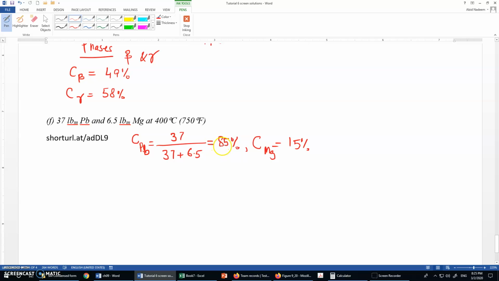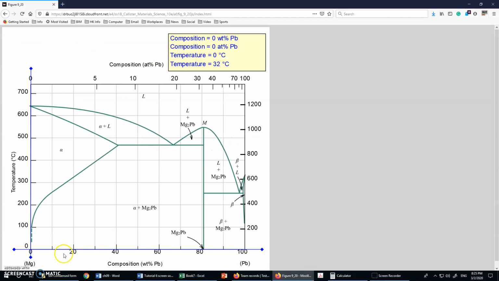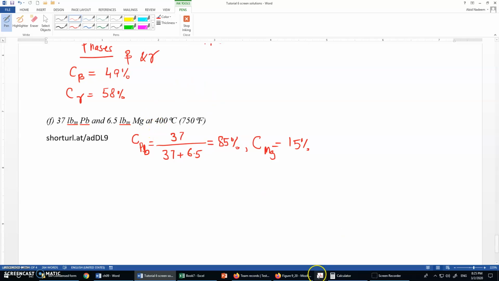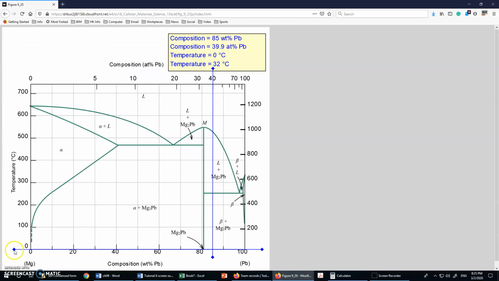Lead is 85%, 85% is here. Lead is here. Temperature is 400 degrees centigrade, 400 degrees centigrade is here. So this point is in this region.